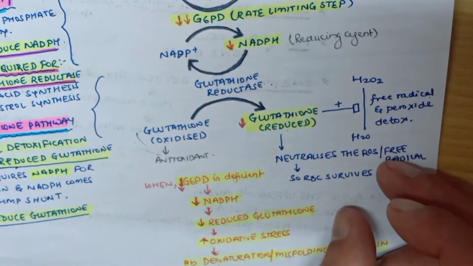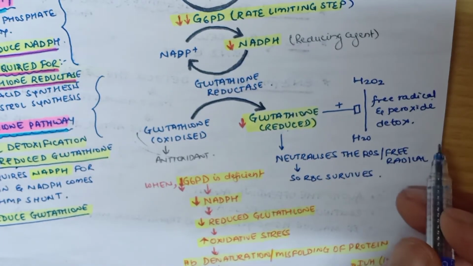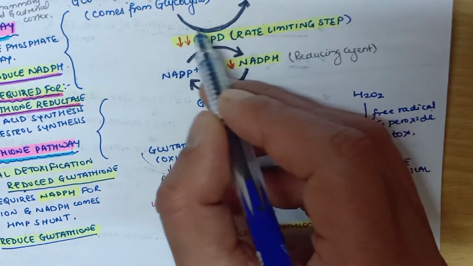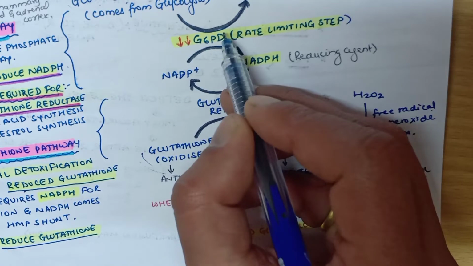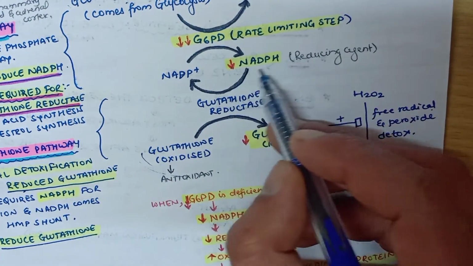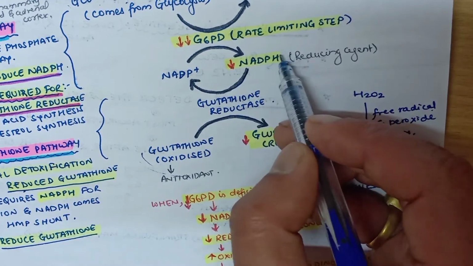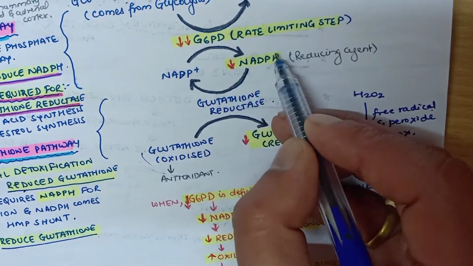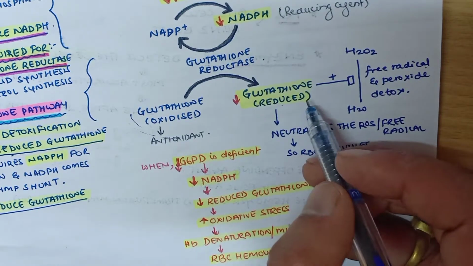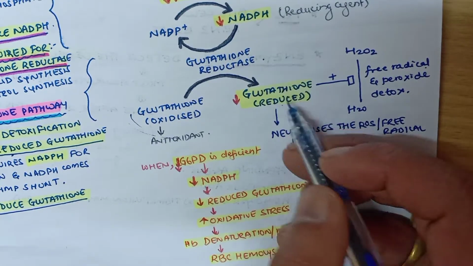Now what happens in case of G6PD deficiency? When there is a decrease in glucose-6-phosphate dehydrogenase enzyme, there will be a decrease in NADPH production. This will cause a decrease in formation of the reduced form of glutathione.